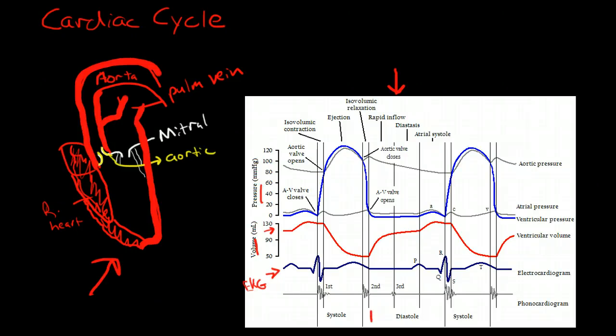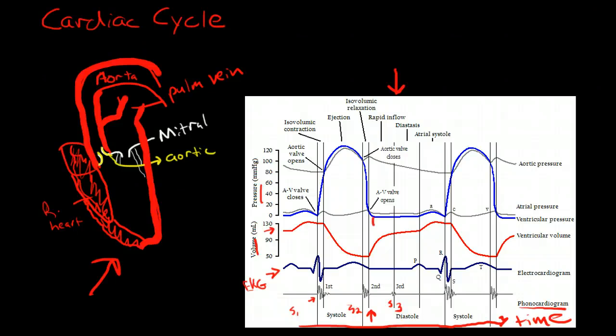This is all occurring over time, so we have time down here. And then we also have what's called a phonocardiogram, which is the heart sounds. First S1, S2, S3.